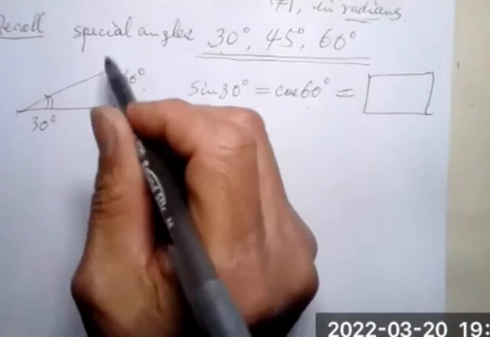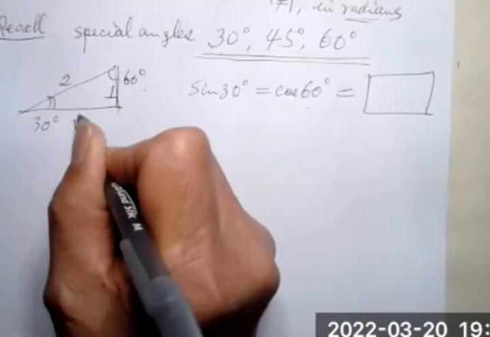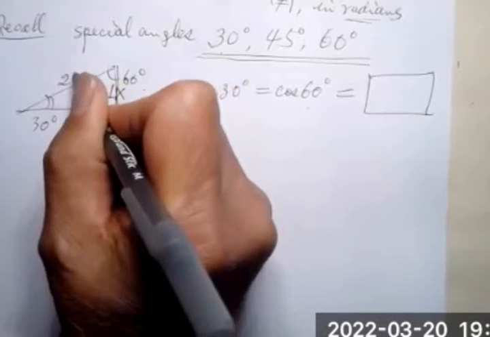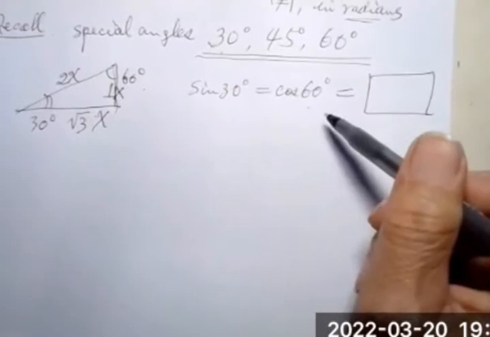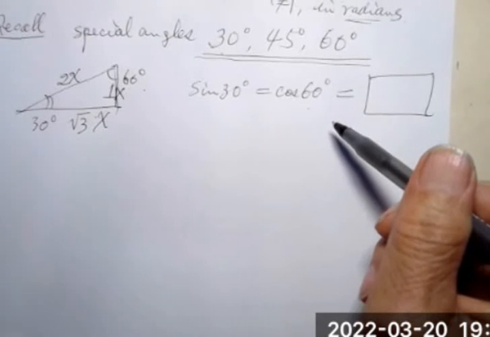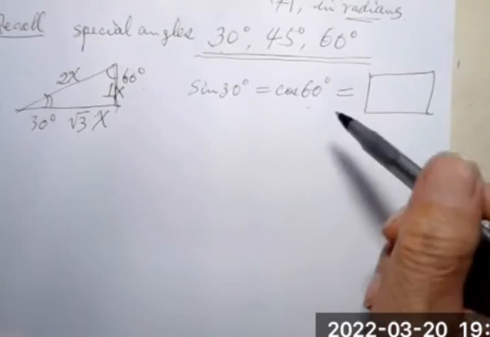This kind of triangle has a ratio of 1, 2, square root of 3. Or you write 1x, 2x, square root of 3 x. That determines the trigonometry functions of them. We need to remember this.